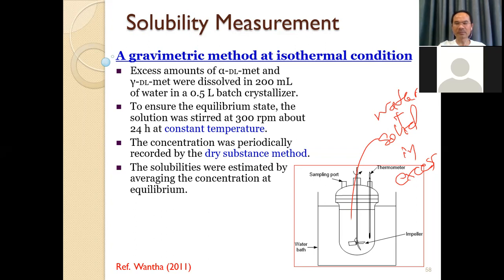When sampling, we have a solid sample and a liquid sample. We sample with a filter. You filter the solution and only collect the clear liquid to determine the concentration.